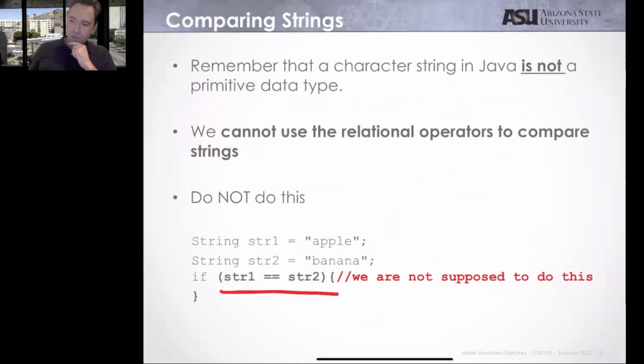If you want to do something like this, that is similar to the example that I described before, now with apples and bananas instead of hello and bye. If you want to do something like this, again, this is a compilation error. You cannot use that operator because it's relational and it doesn't work with the strings.